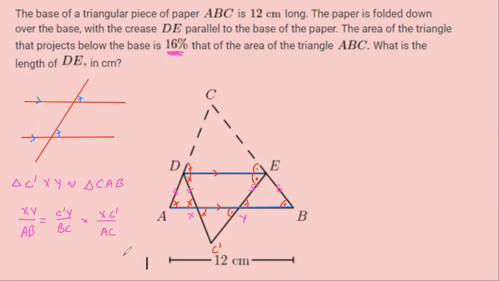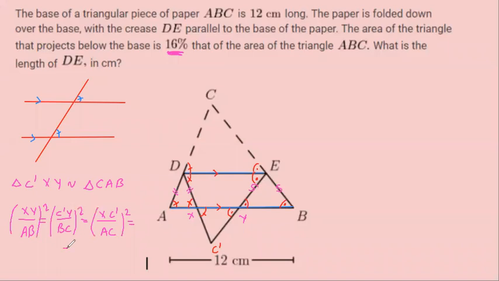When you take the ratio of the similarity like this, we can square this ratio to find the ratio of the areas. So I'm going to do that. If I square this one, or this one, or this one, it has to be equal to the ratio of the areas.